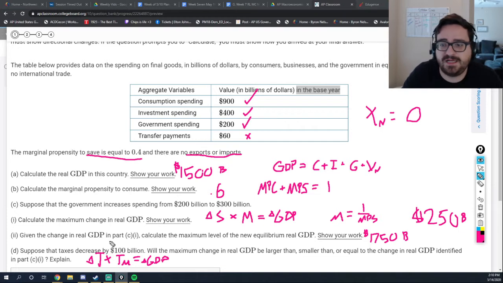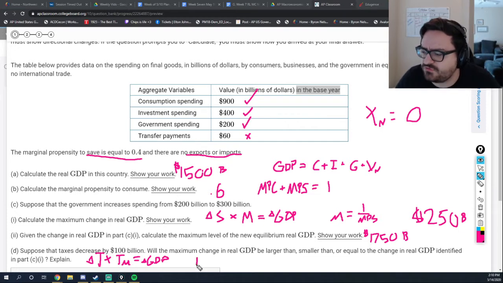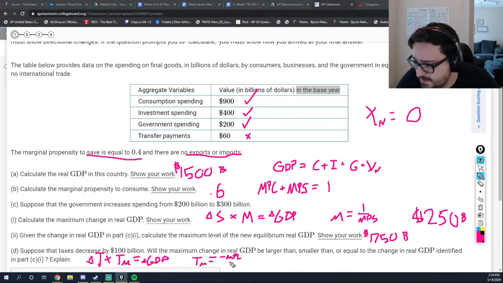The tax multiplier, in case you forgot, which is possible. I'm just writing down every formula I'm using here so that you guys can copy them down. My tax multiplier is negative MPC over MPS. I'm just going to rewrite that because that's so hard to read.